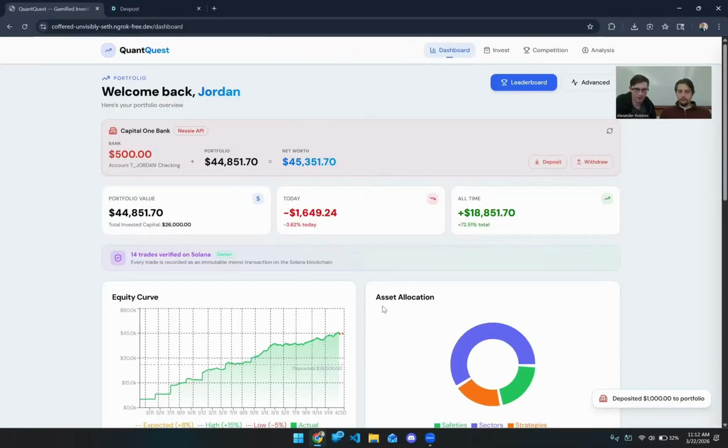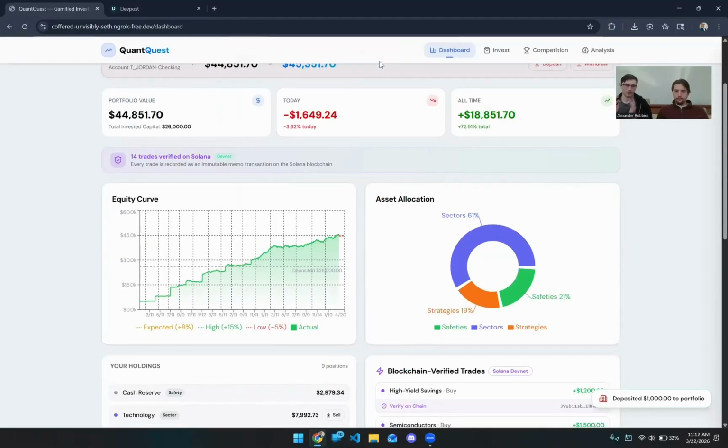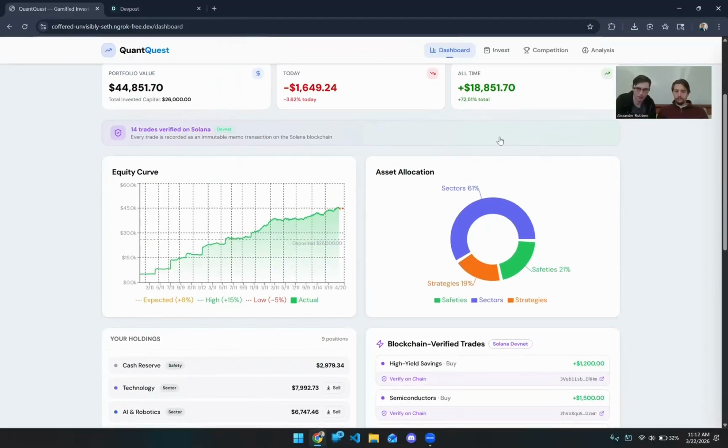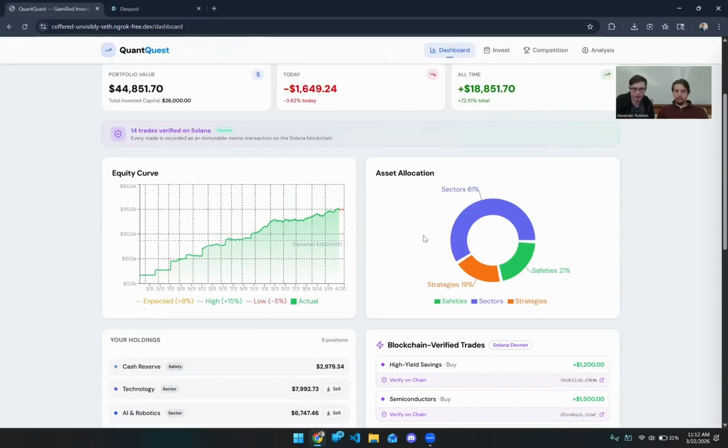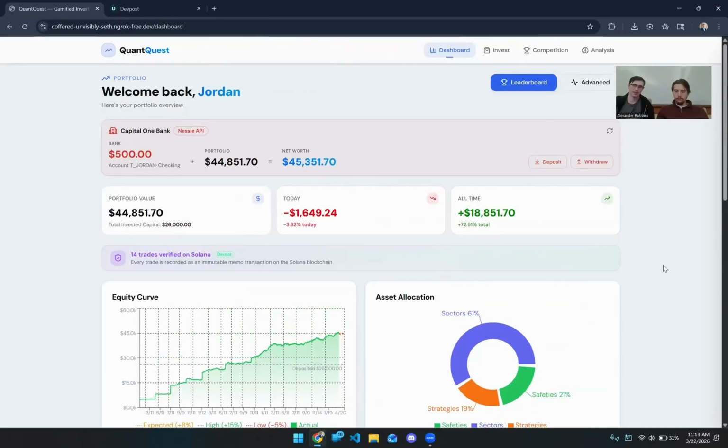It runs the transaction, and then all the transactions are verified on Solana's blockchain, and you can see a breakdown of your holdings and the various asset allocations between the strategies that we offer. So here it's split between sectors, strategies, and safeties. And this is already doing significantly more than your standard brokerage layout, like, say, Schwab.